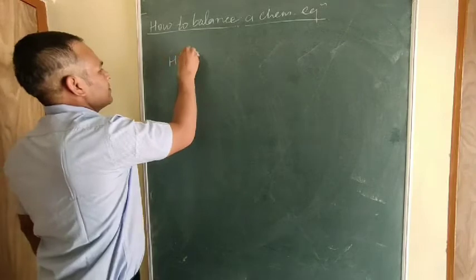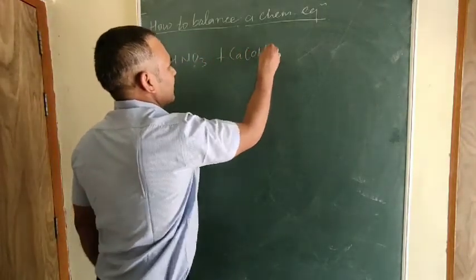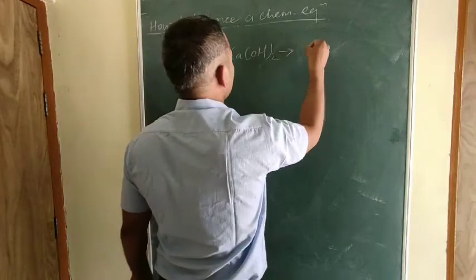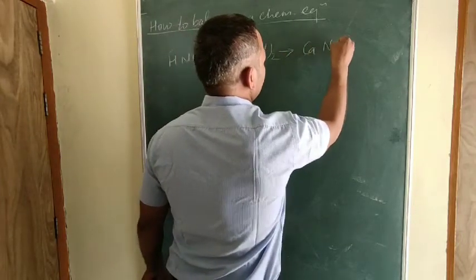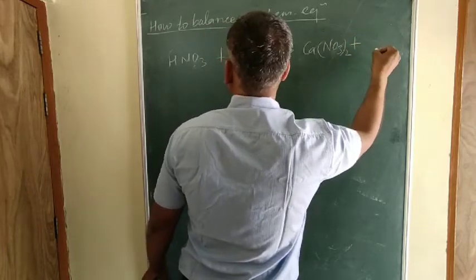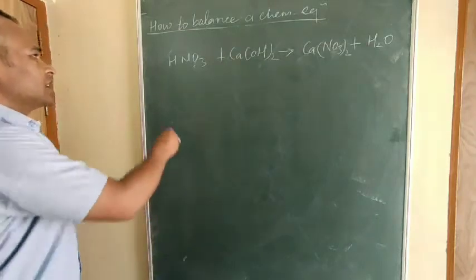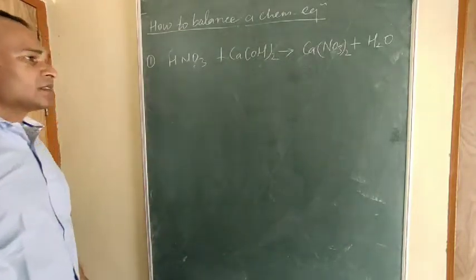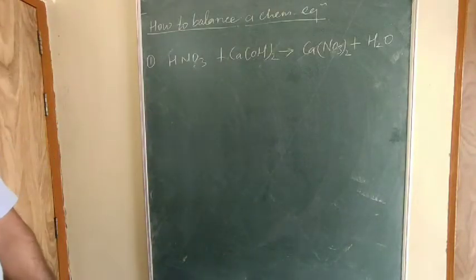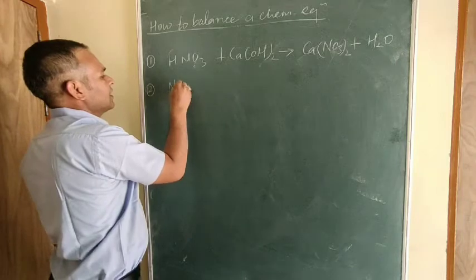Nitric acid plus calcium hydroxide gives calcium nitrate plus water, a neutralization reaction. The question number 1. एक और न्यूट्रलाइजेशन रिएक्शन दे देते हैं.